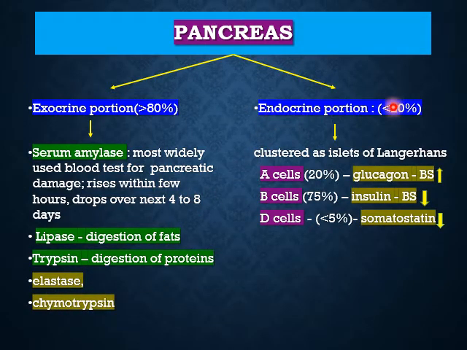The endocrine portion, which consists of clusters of islets of Langerhans or pancreatic islets, consists of three types of cells: A cells or alpha cells, which secrete glucagon; B cells or beta cells, which secrete insulin; and D or delta cells, which secrete somatostatin. The most predominant component is the beta cells, which secrete insulin, which reduces the blood sugar. Glucagon increases the blood sugar.